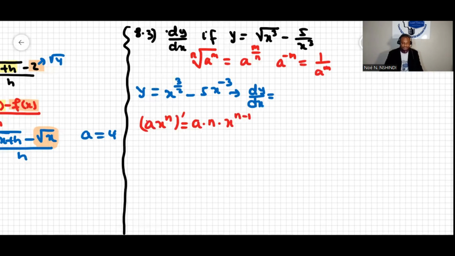So over here the derivative will be 3/2, the exponent gets down first, times x to the power of 3/2 minus 1.